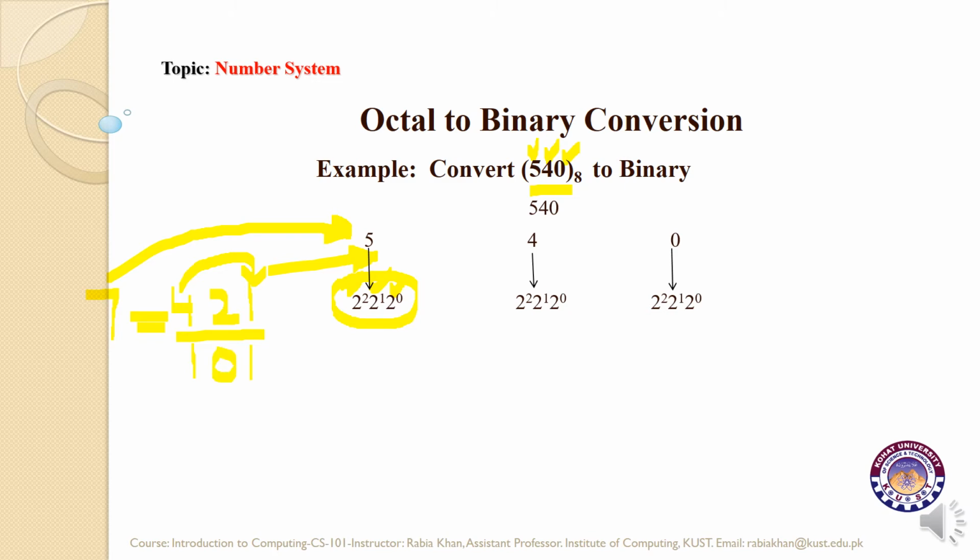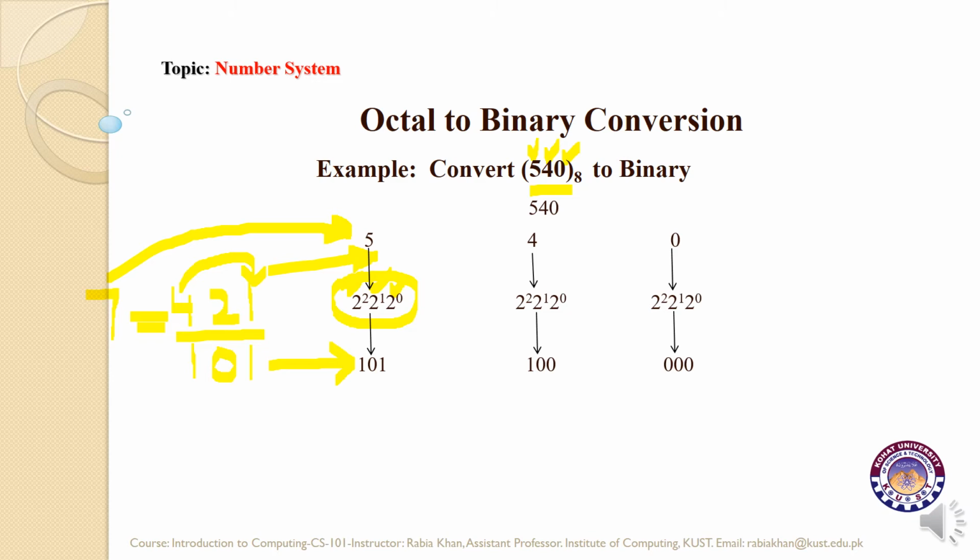Ultimately, 101 will be the conversion for 5. This is how you do it. Here you can see 101 we have just converted. A group of 3 is generated, and this group of 3 is equal to 5 in the octal number system.